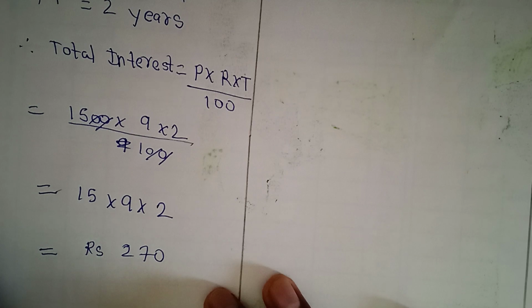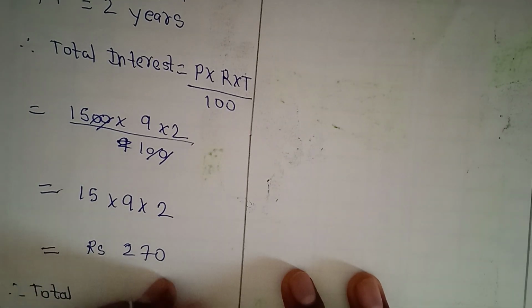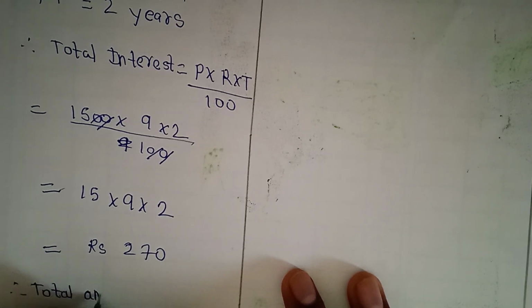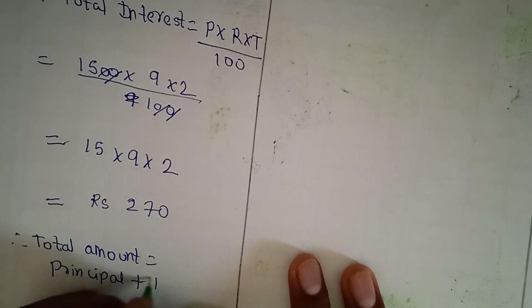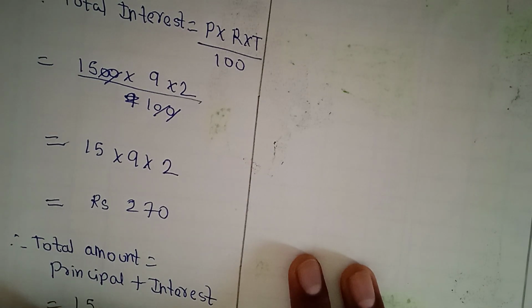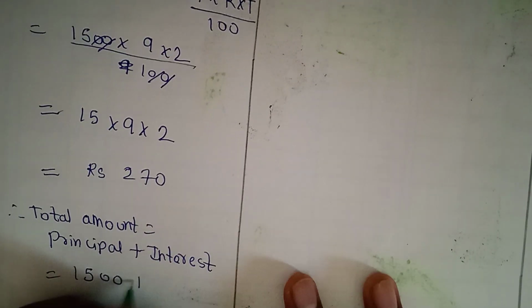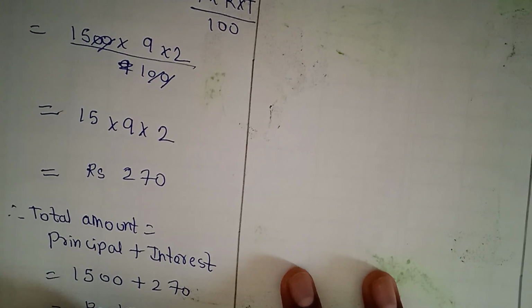Now we got the interest. Now what will she get? The total amount. Here we got only interest, so we need to get the total amount. So we will write total amount is equal to principal plus interest. This formula I also told you. It is equal to 1500 plus 270, which is equal to rupees 1770.